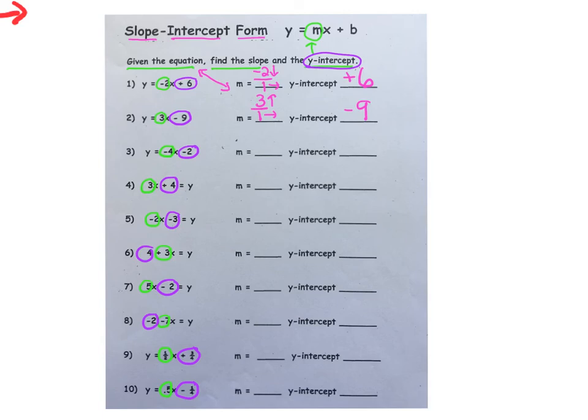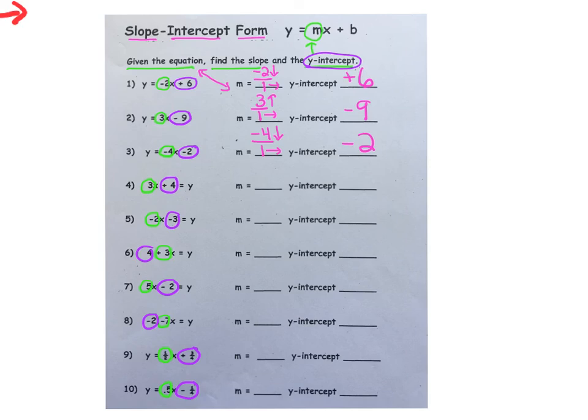Let's take a look at a couple more together, and then you can complete the rest of this on your own. Let's go to problem number 3. In this case, your slope is negative 4 over 1, which means down 4 to the right 1, and your anchor intercept, negative 2.